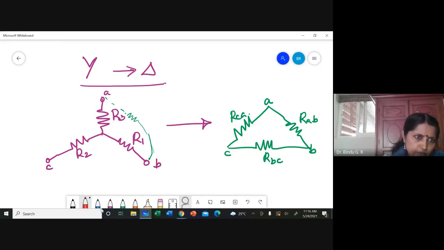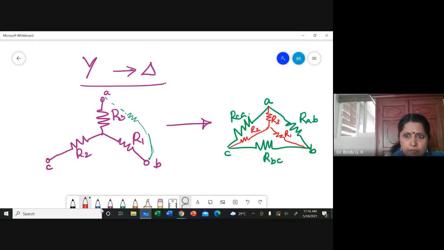Again, you don't require the derivation. For easiness' sake, let me draw this inside so that you will find it easier to understand. This is R3, this is R1, this is R2.